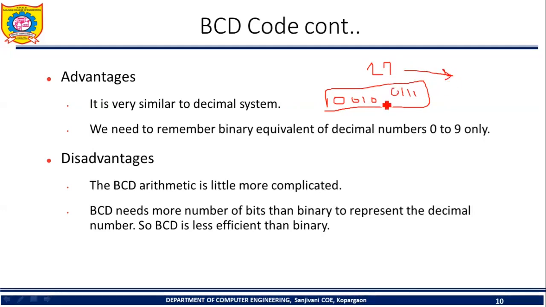Now let's try to represent 27 in binary form. In order to represent 27 in BCD form, how many bits do we require? 8 bits, so 4 bits for each digit. Now let's see how many bits are required to represent this number in binary form. Again, we must know these weights. The weight of the very first bit, that is the LSB, is 1, then 2, then 4, then 8, and then 16. After 16 we will have 32.